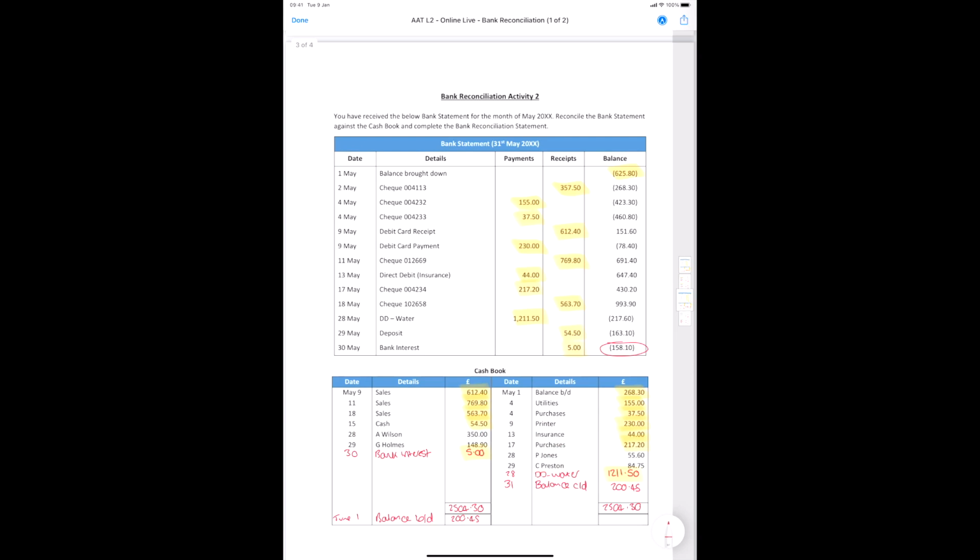Okay, just quickly reviewing this task and the key points to note then. So look out for the differences with your balances. Okay, if you do have a difference between these balances, then there will be a transaction within the bank statement equal to the difference.